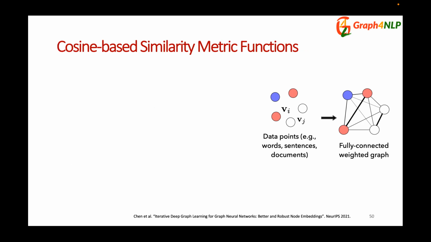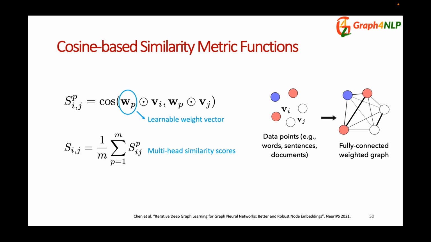Let's see an example of a cosine-based metric function. Here, w_p is a weighted vector associated with the p-th perspective, and it has the same dimension as the node embeddings. Intuitively, s_ij^p computes the pairwise cosine similarity for the p-th perspective, where each perspective considers one part of the semantics captured in the embeddings.